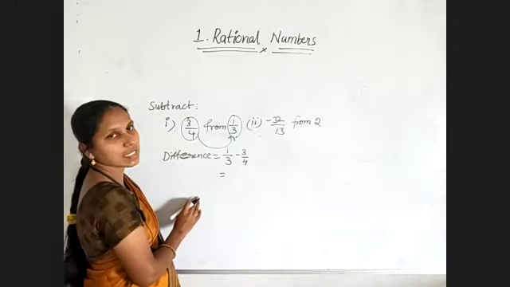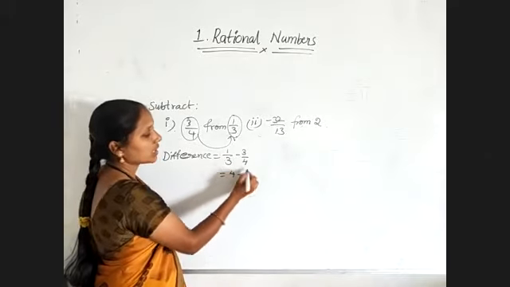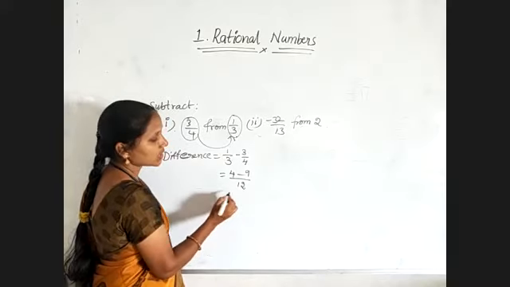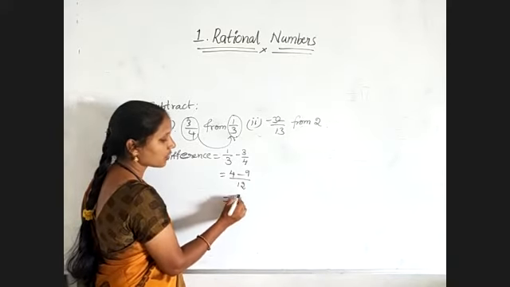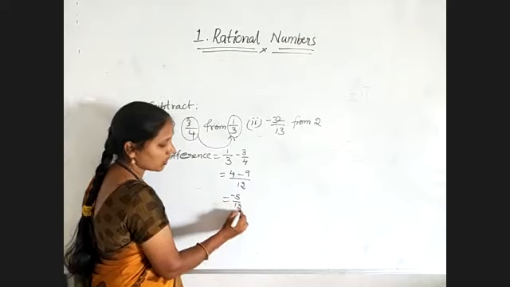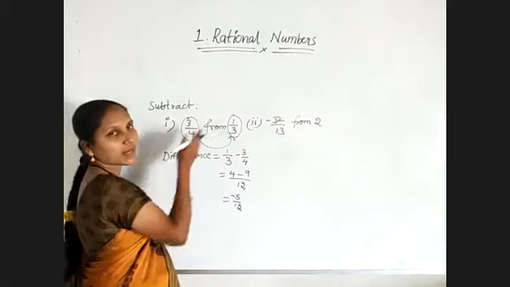So go for LCM or cross multiplication. 4 ones are 4, 3 threes are 9, by 3 fours are 12. So which is equal to 4 minus 9, which is minus 5/12. That's all. Subtract 3/4 from 1/3.